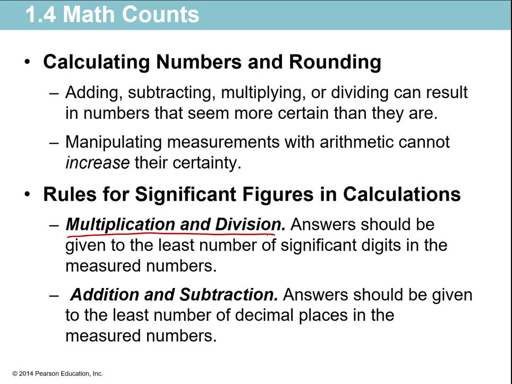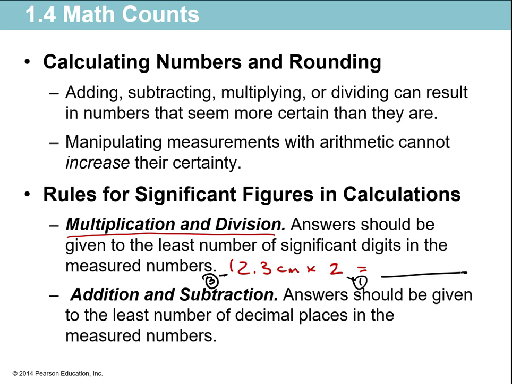For example, if I'm multiplying 12.3 centimeters times 2, with no units, how many significant figures are in 12.3? 3, right? Everybody agrees there are 3 significant figures in 12.3, but how many in my 2? It's only 1. So whatever this answer is, I can only have 1 significant figure in my answer.